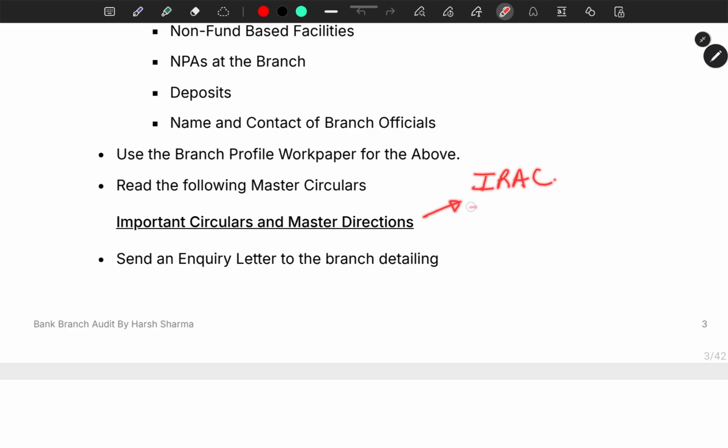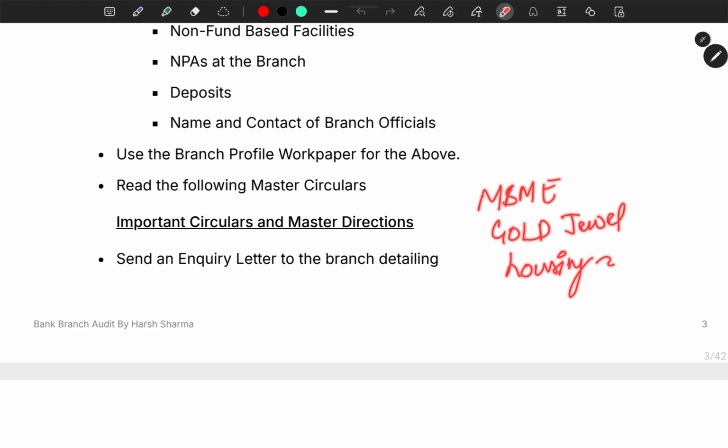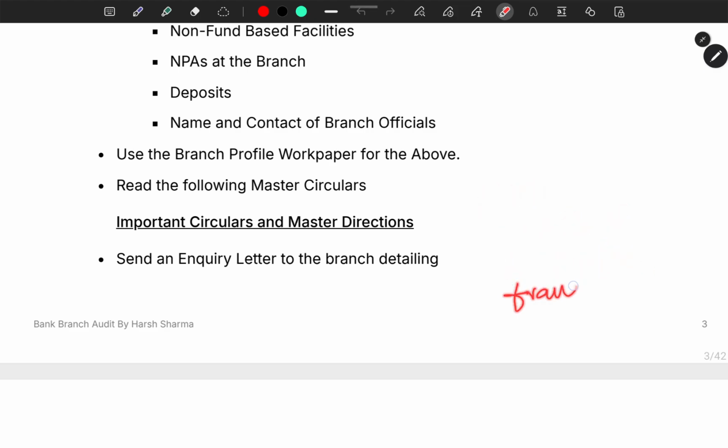Then you should read interest on advances, your MSME, your gold loan, jewel loan, housing loan, and a few relating to fraud, EWS system, that is your early warning signals, RFA. These are a few master circulars and directions that you need to read.